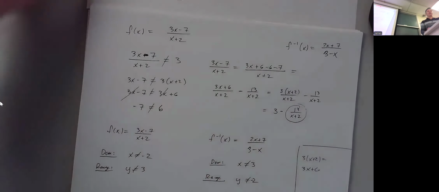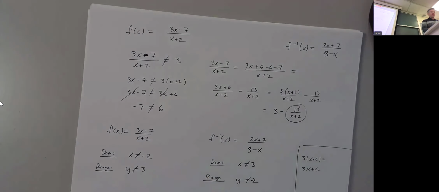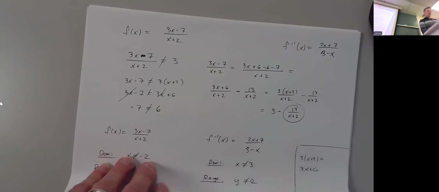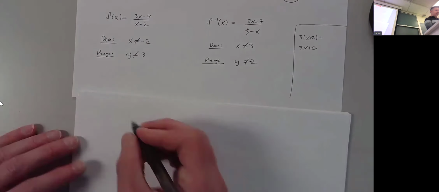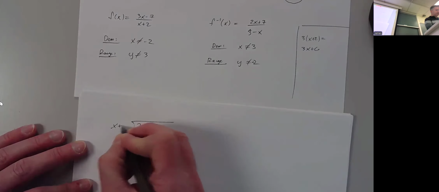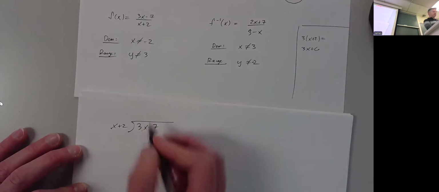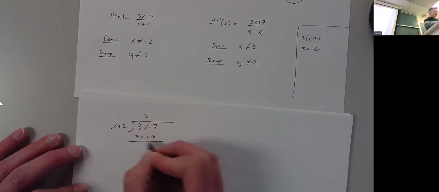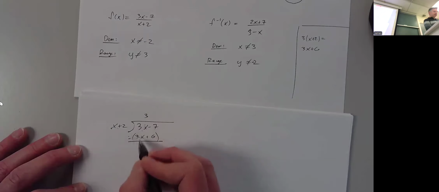But really, the longer, more algorithmic way of doing this is, in fact worthwhile, because polynomial division is a thing. I was really doing this: 3x - 7 divided by x + 2, and then x multiplied by 3 gives me 3x. 3 times (x + 2) is 3x + 6. Subtract: 3x - 3x is 0. -7 minus 6 is -13.